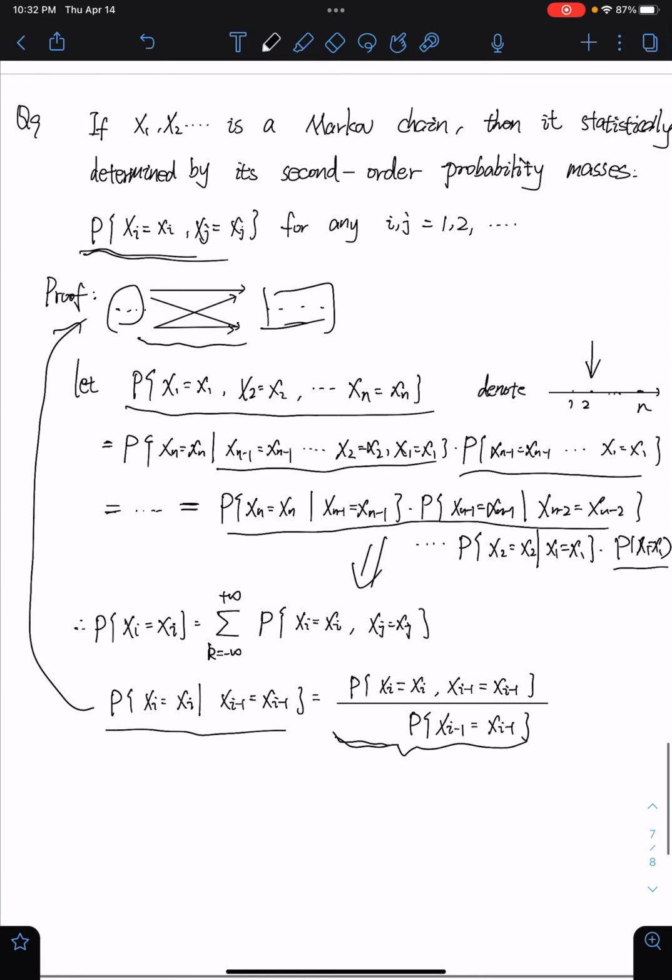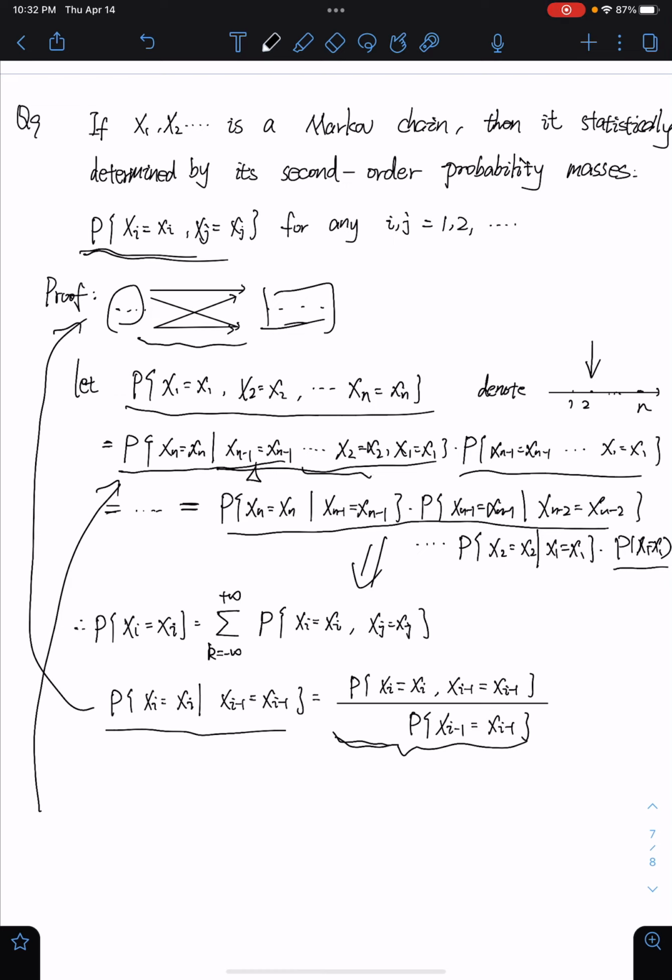Furthermore, let's say this equation is a conditional probability with n minus 1 conditions, but only one condition affects the probability, which is X_{n-1} equals x_{n-1}.